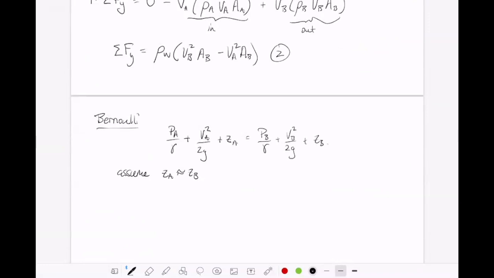So the pressure at A we said was 200 kilopascals. And our specific weight gamma is just rho times g, so 1,000 times 9.81, plus VA squared over 2g, so 2 times 9.81, is going to be equal to our pressure at B, which we said is 0, plus VB squared over 2 times 9.81.